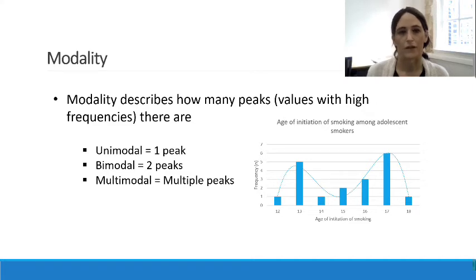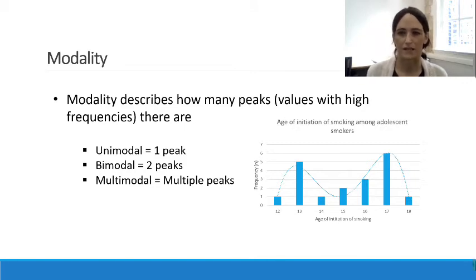being met. So modality describes how many peaks there are in our data set, values with very high frequencies, okay? In a normal distribution, we'd have a single peak, right? Well, in the case of what I showed you earlier in terms of age of initiation, that almost looks like there were 2 peaks in the distribution, in which case we would call that a bimodal distribution.